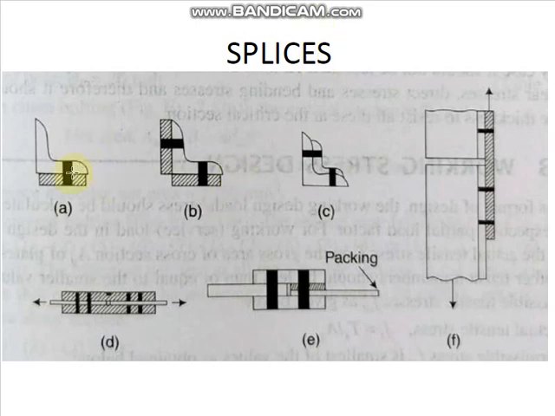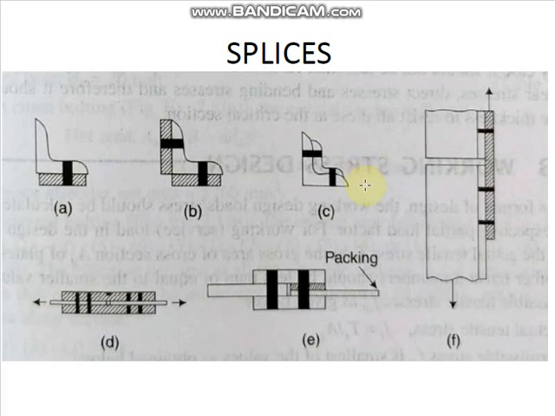Here you can see the different types of splices used to connect different members. Usually these splices in tension member are used to join two sections when a joint is to be provided, that is, these replace the member at the joint where it is cut.